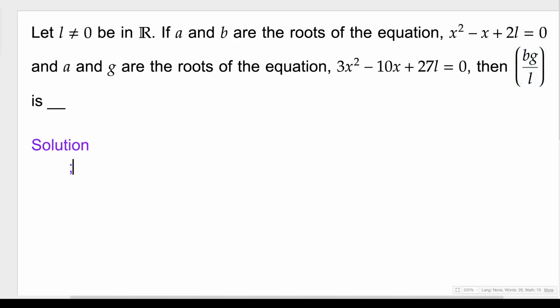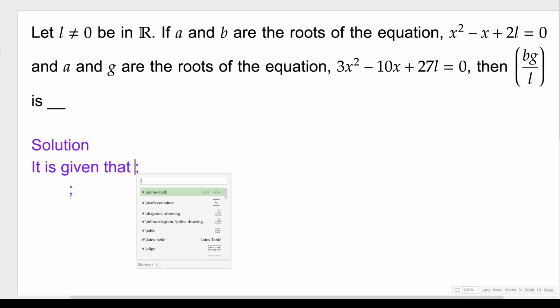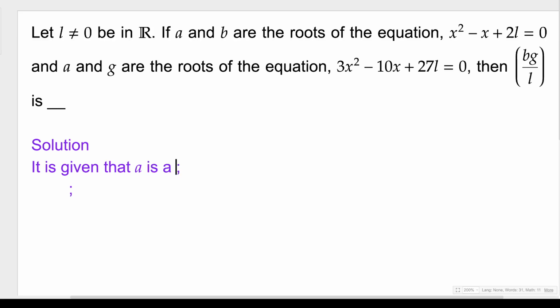Now, proceeding towards the solution, it is given that A is a common root of the given quadratic equations.